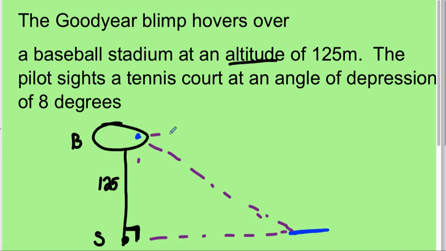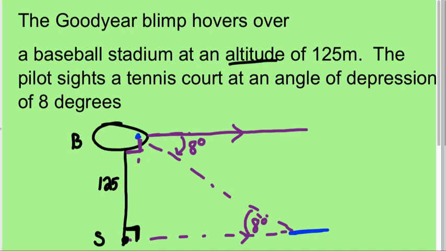So remember, that means from a horizontal line going down. So that's 8 degrees. So how am I going to get that 8 degrees into my triangle? Well, if this is parallel and if this is perpendicular and this is perpendicular, these have become these horizontal lines that are parallel, which means these angles are alternate interior angles and are congruent.